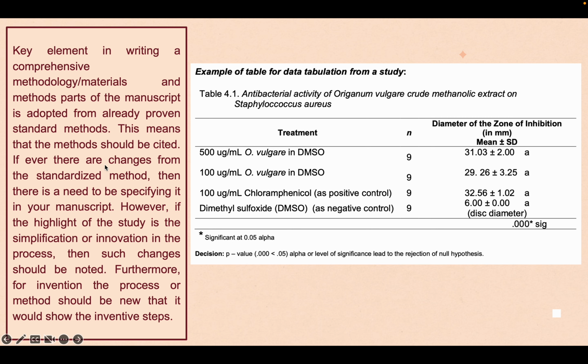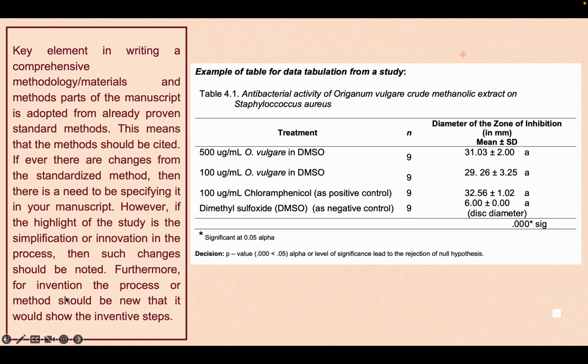If ever there are changes from the standardized method, then there is a need to specify it in your manuscript. However, if the highlight of the study is simplification or innovation in the process, then such changes should be noted. For invention, the process or method should be new and it would show the inventive steps.